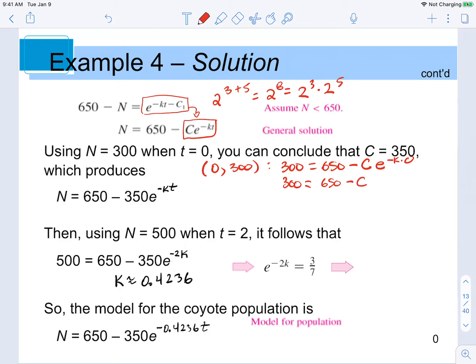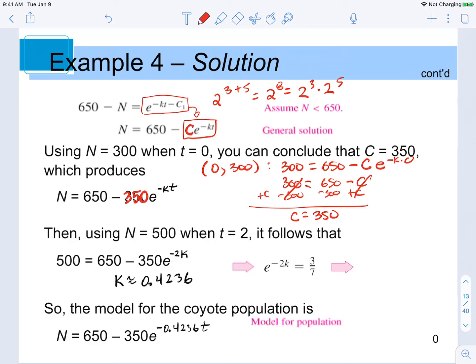I am going to subtract the 300 on both sides, and I'm going to add c on both sides. And I'm going to end up with c is equal to 350. And so now where we had c, we're going to put 350. And so this brings us closer to the solution that we're looking for. So that's where the 350 came from.